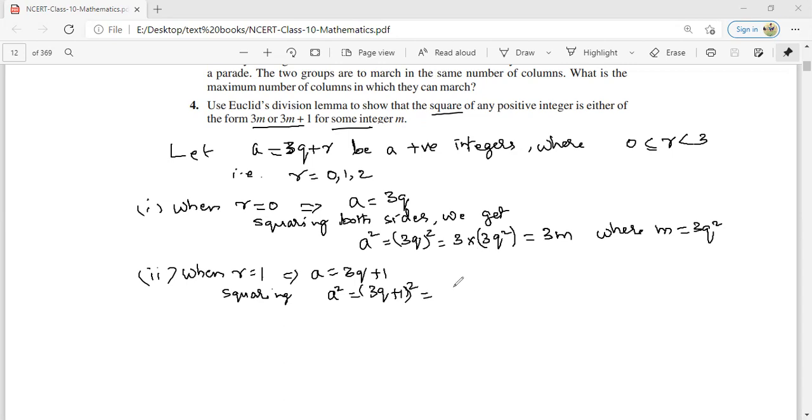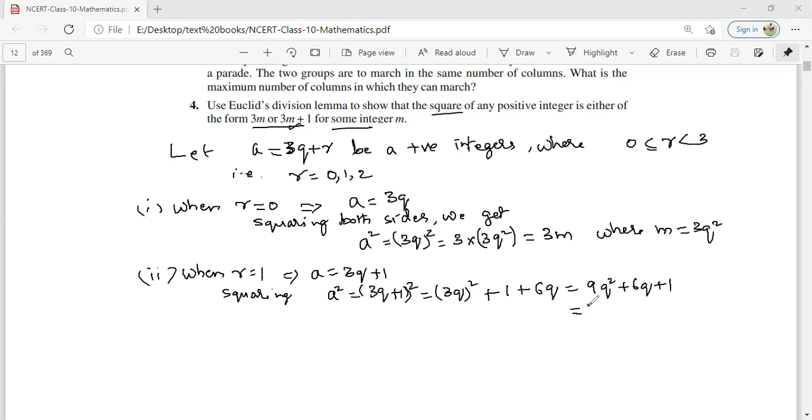So we can write 3q square, which is 9q square, plus 1 square, 1, plus 2 into 3 is 6q. So 9q square plus 6q plus 1, and this can be converted into 3m plus 1.